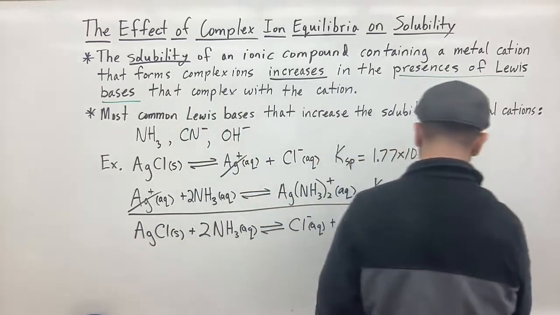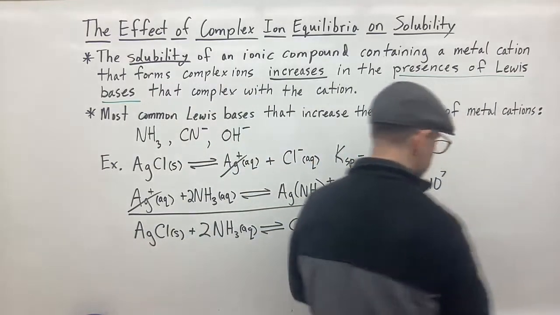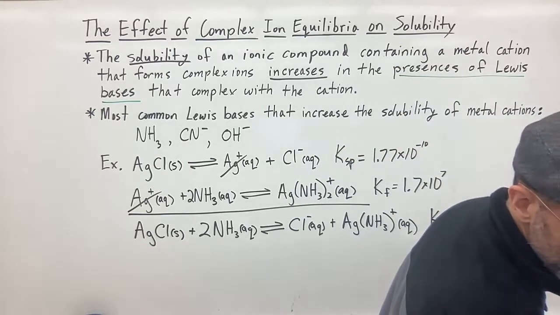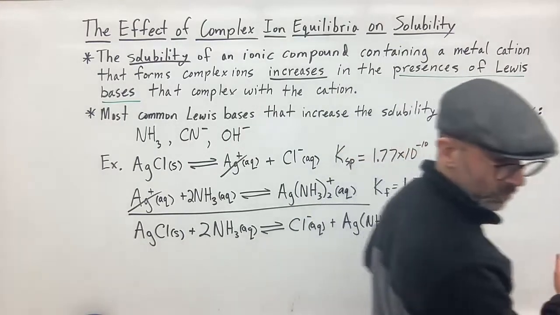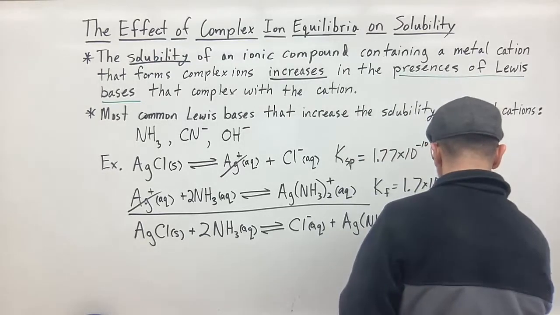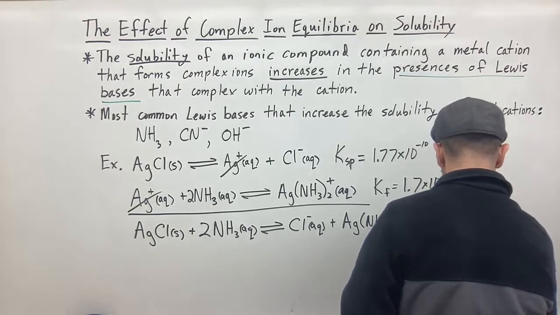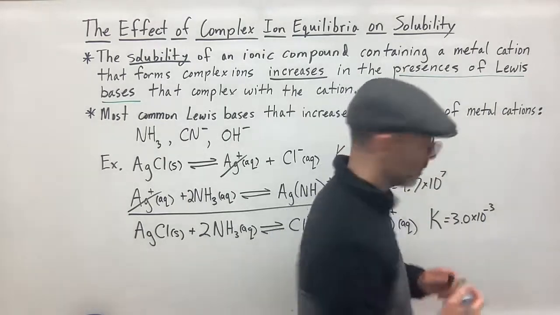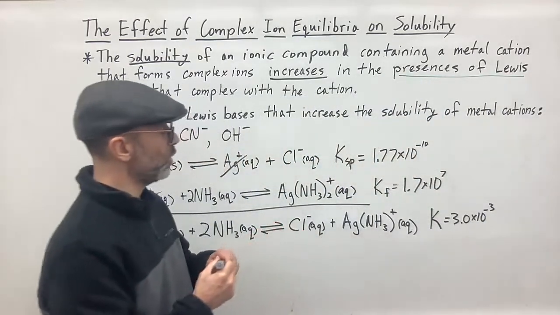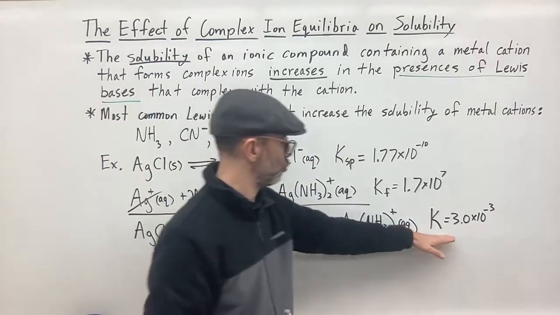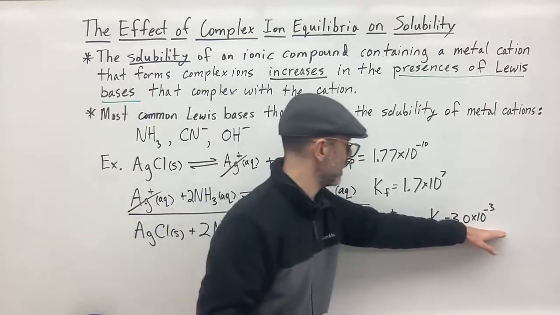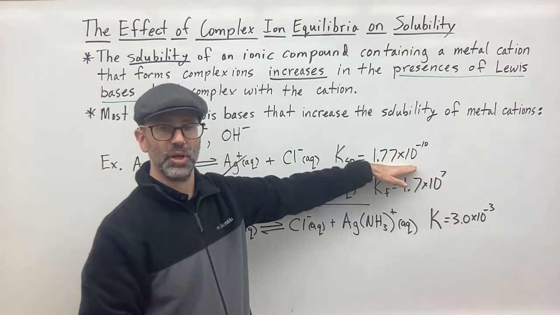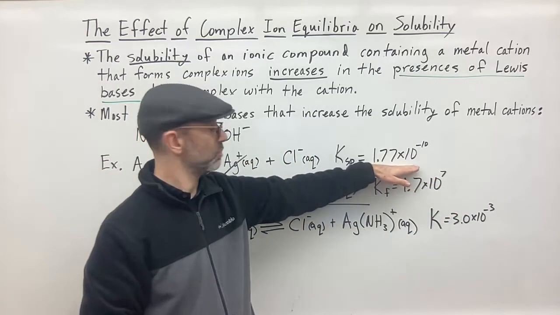And when you multiply these together, you get an equilibrium constant that is equal to 3.0 times 10 to the negative 3. And so what you can see here is that the new equilibrium constant is much greater than the equilibrium constant here.